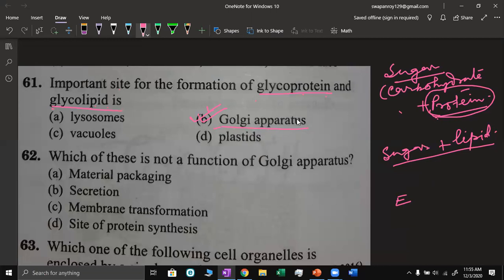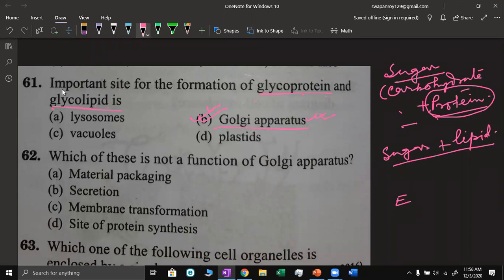If some molecule of carbohydrate is to be added to the protein, complex proteins are formed. So this is the attachment of one group of molecule to another group of molecule. All these things take place within the Golgi apparatus.